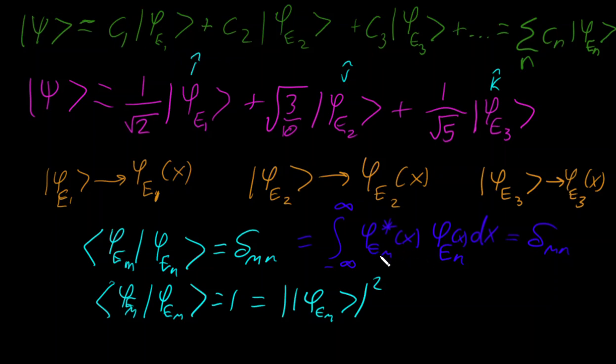If these were momentum states that are continuous, this inner product would be the delta function. But the energy basis is a discrete basis, so even if you're taking the inner product in position space, it's got to be the same as the discrete case would give you. I hope this is making sense. This is a very big point, showing how the inner product is the same in all bases. So hopefully that makes sense, and I will see you in the next video.